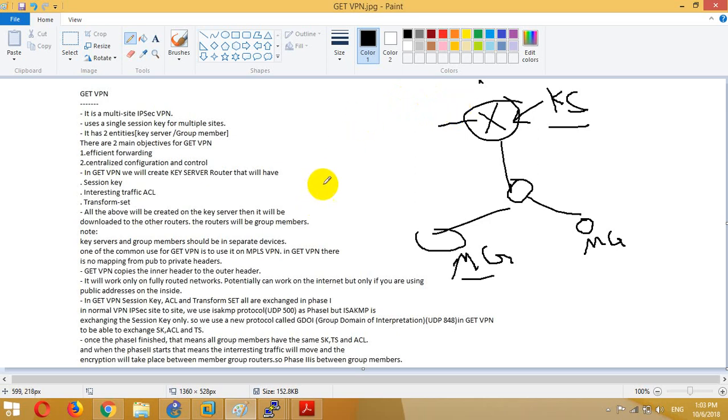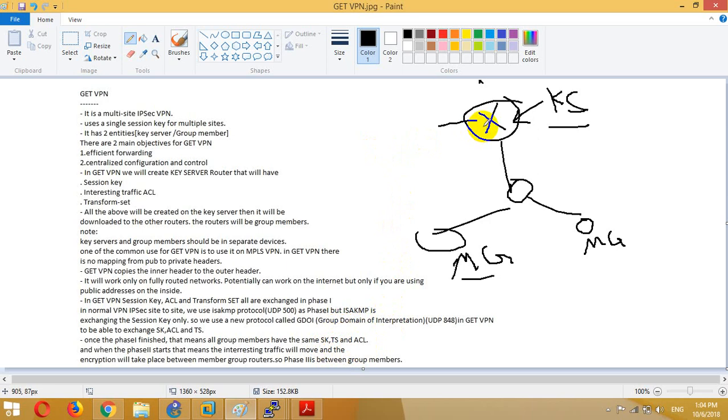As you guys remember, the session key, the phase 1, is configured here on the key server and it will be downloaded to the clients or the member group. What else, guys, will be configured here and downloaded? The ACL, the interesting traffic. So three things are configured here and downloaded to the others, so there is no need to configure on each of the sites: the session key, the transform set, which is phase 2, and the ACL, which is the interesting traffic.